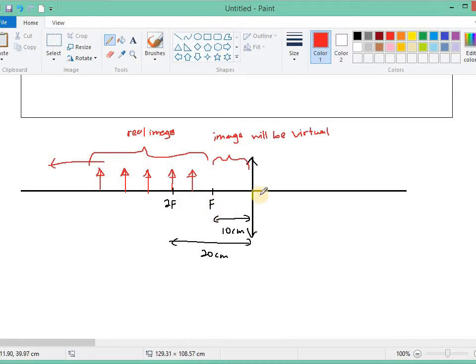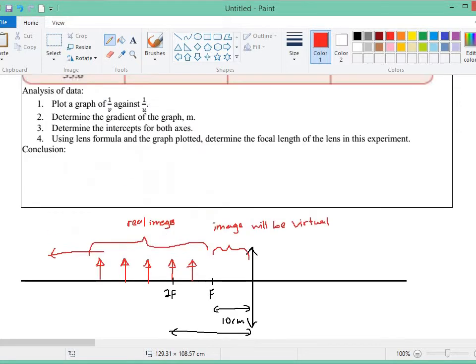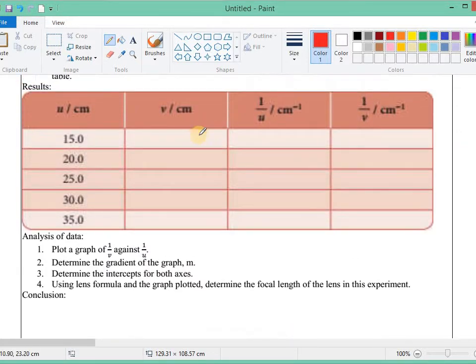That means it becomes smaller and smaller. So when the object is near, the image distance will be long, and when the object distance is getting bigger and bigger, the image distance will become smaller and smaller.